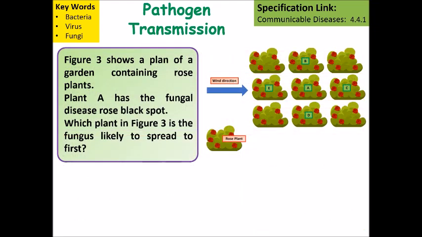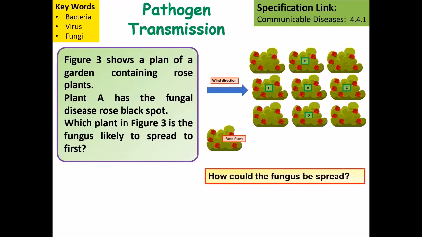The next question is talking about pathogen transmission in plants. The diagram shows a plan of a rose garden. Plant A has the fungal disease black rose spot disease. Which plant is the most likely to be infected with the disease and why?